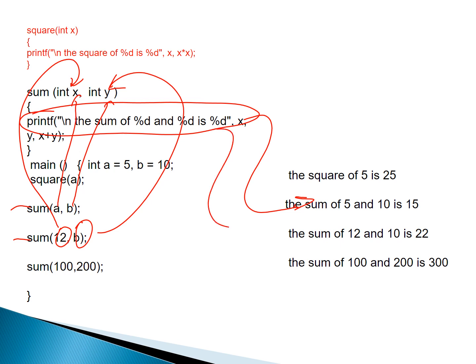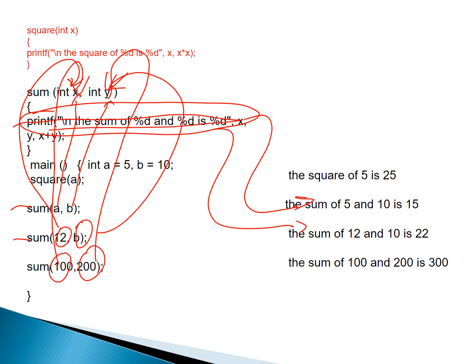Similarly, 100 will go and be stored on x. The second argument will be stored on this, and the output of this statement will be the output. So that's how we call a function.